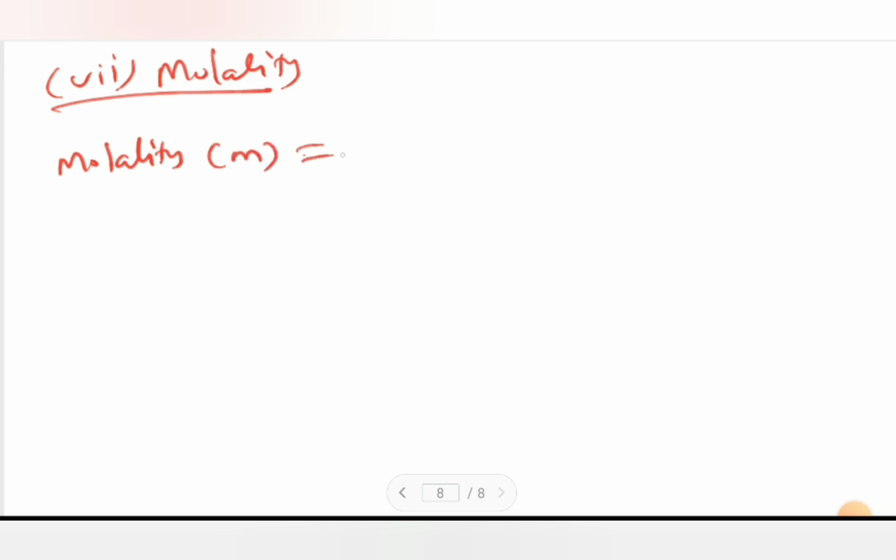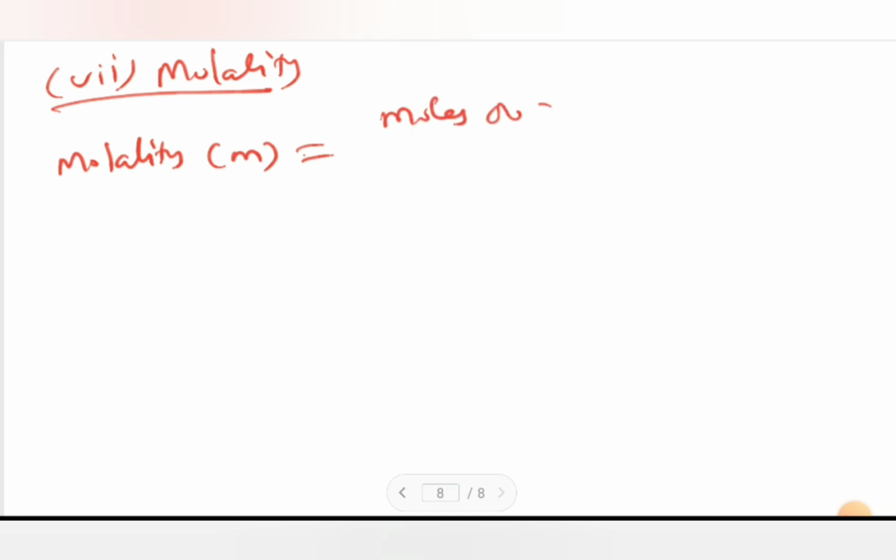Sorry, we will look at the molality. Molality is the same idea as molarity. For molarity, we talked in terms of volume. In this case, we will talk in terms of weight.